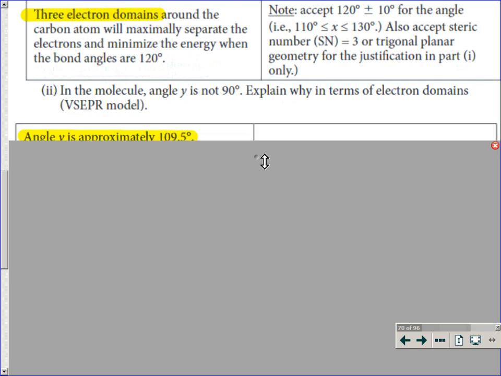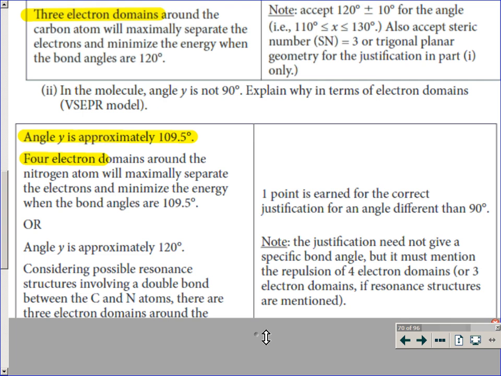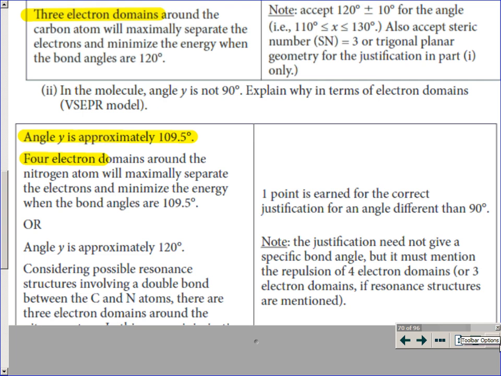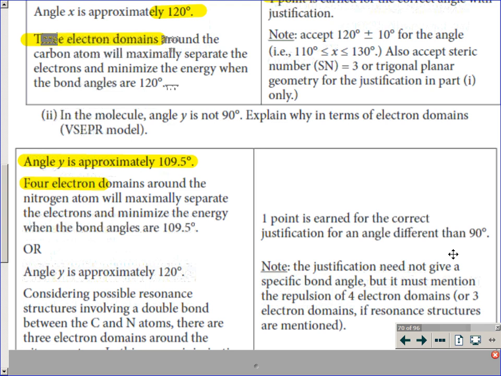And then the next one, y is not 90, though it looks like it's a t or an x. So you know that that's a tetrahedral geometry. 109.5, 4 electron domains, or I'm noting that it's a tetrahedral arrangement. That might give you credit there, but I like the fact that we're mentioning domains here because it's an easy way to state your justification. So, sorry, you guys got 1 point for angle and justification, 1 point for angle and justification.